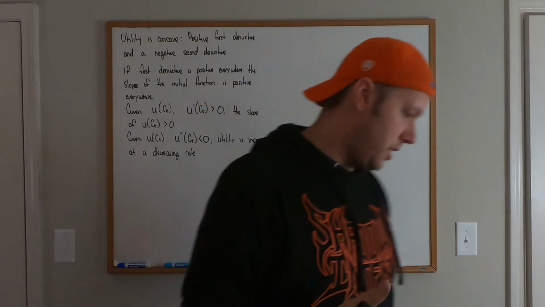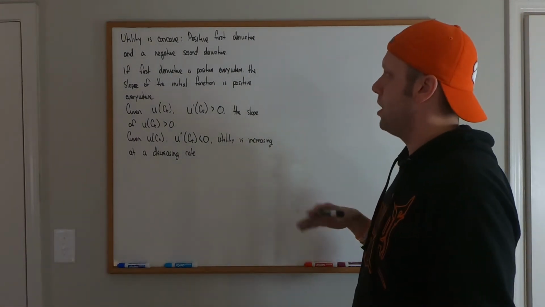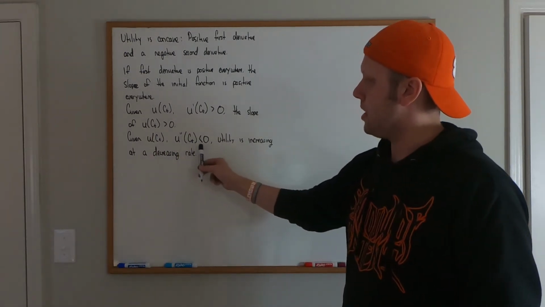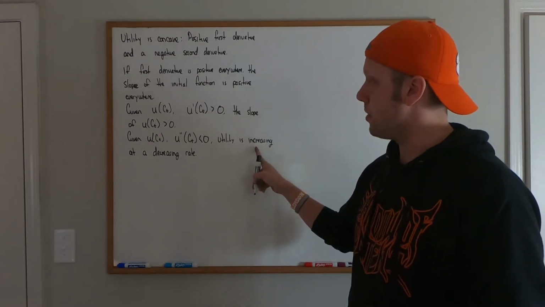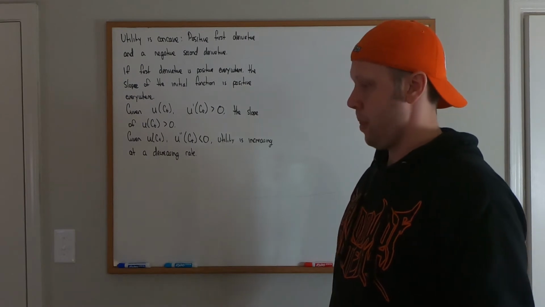If I've got u of ct, u prime of ct is positive, which means u of ct is upward sloping everywhere. If I've got u of ct, u double prime of ct is negative, meaning that utility is increasing, right? Because that's from the first derivative, but the rate at which it's increasing is negative.